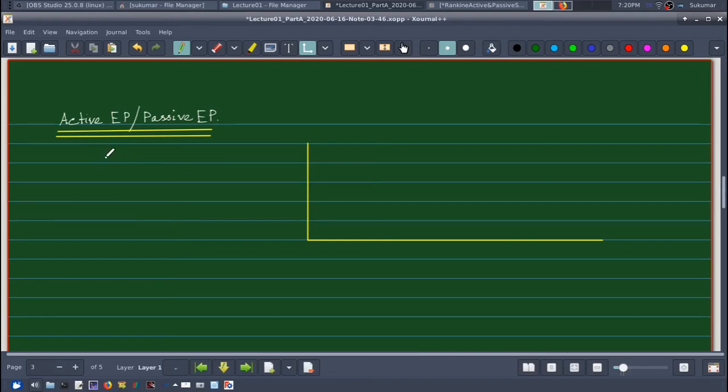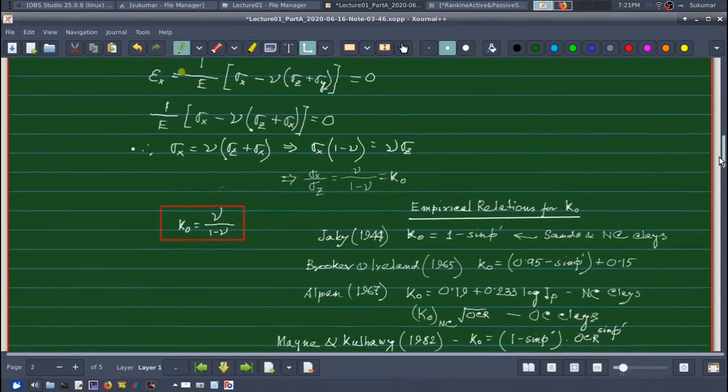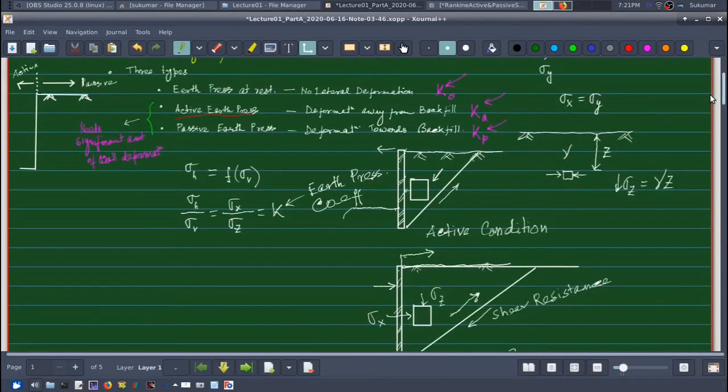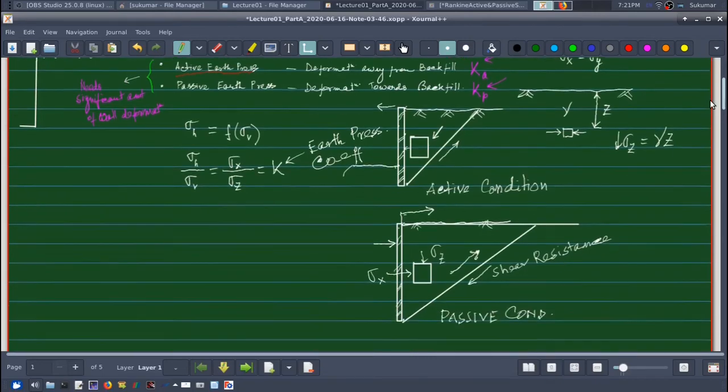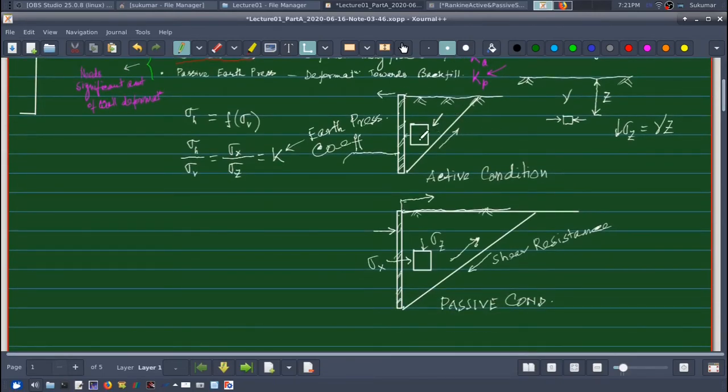In active earth pressure the wall moves away from the backfill, that means the backfill actively pushes it away, and in passive earth pressure the wall pushes the backfill. That we have already discussed in the earlier portion of the class. So this is our active condition, this is our passive condition. This we have already seen.